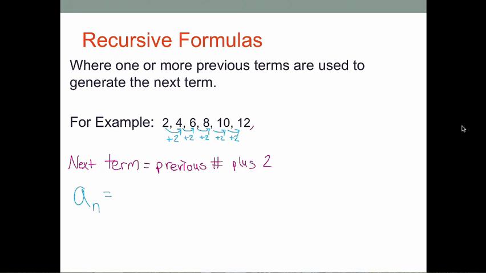Well, the way we represent next term is using this a subscript n. That means the same thing, next term. The way we represent previous term is to use a subscript, but instead of n, we're going to use n minus 1.